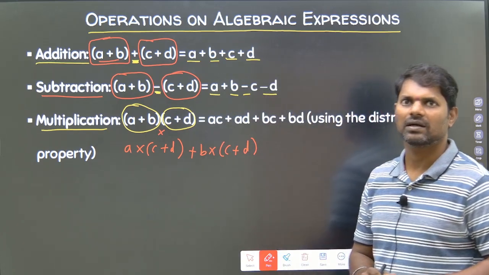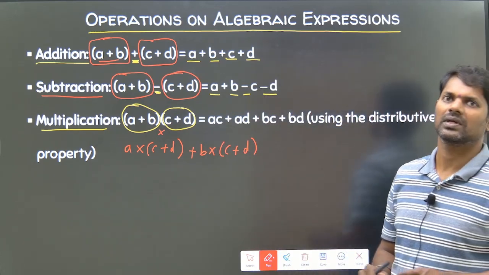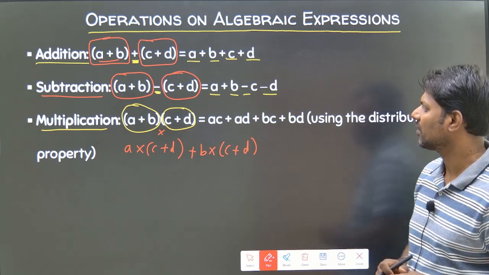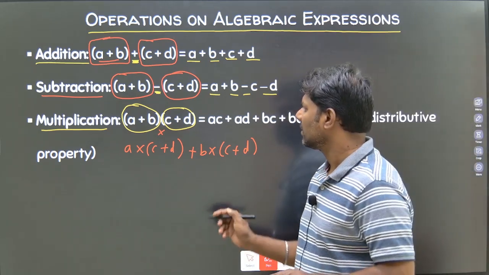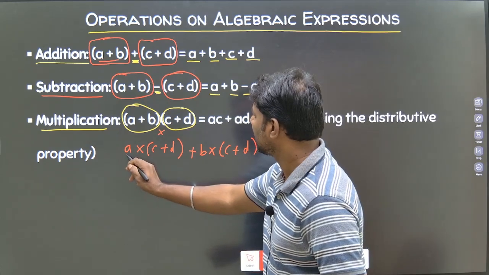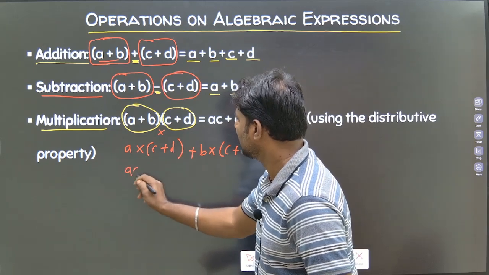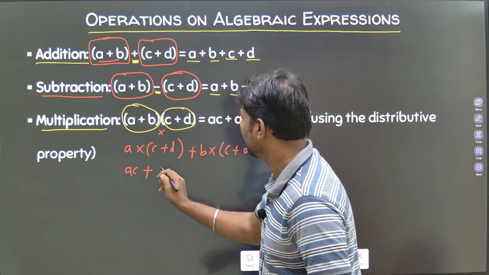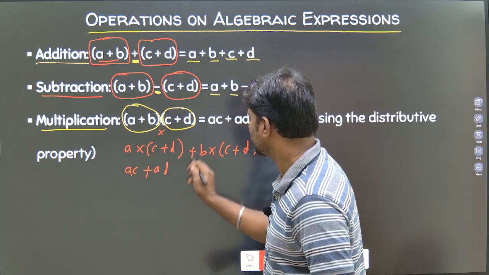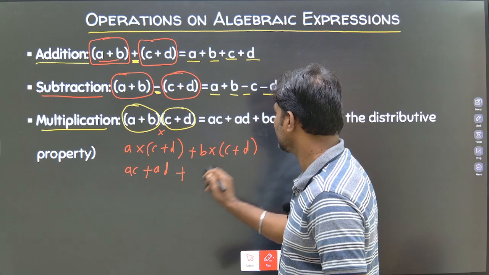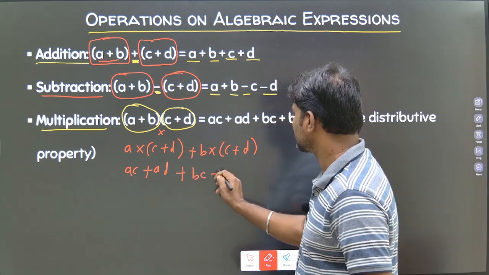We know the distributive property. Okay. Then we can multiply A to this bracket, AC plus AD, this plus as it is, BC plus BD.